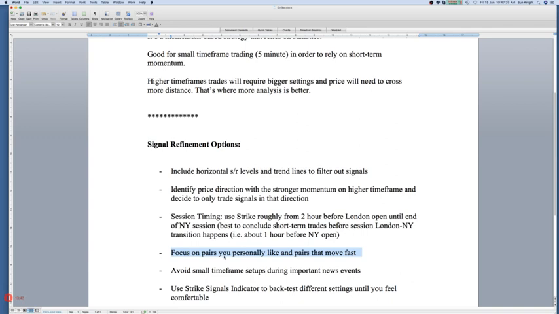So you might find, I don't know, the euro dollar works really well for you, but maybe the US yen you often have not so good results with. Or maybe you find that some kind of cross, maybe the euro New Zealand dollar or something, you always tend to get good results with.